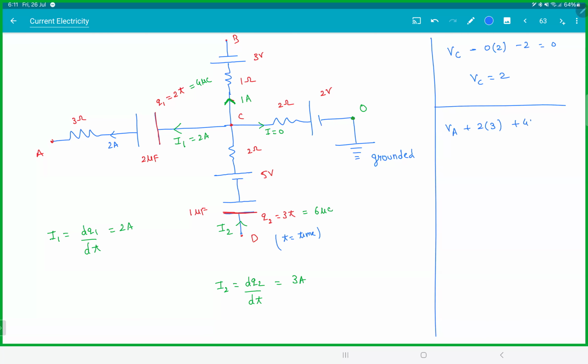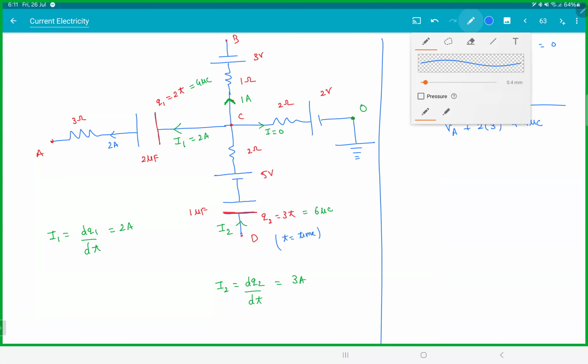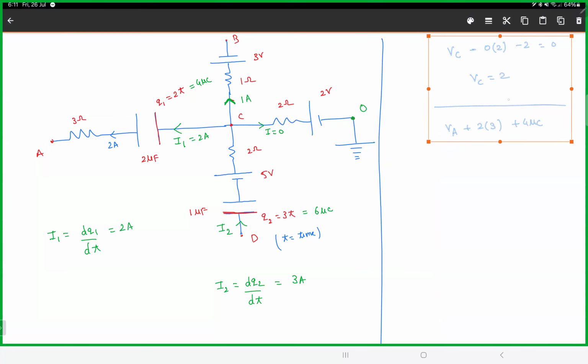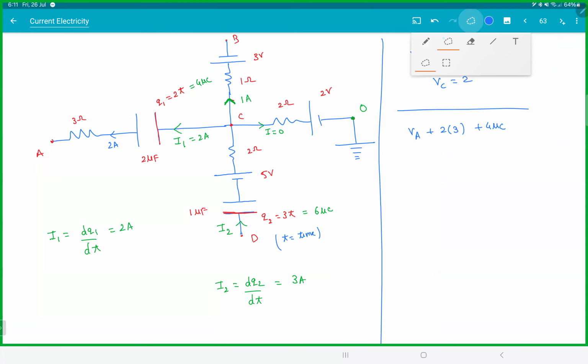So plus 4 microcoulombs by the capacitance of 2 microfarad. And then I reach C. So this is VA plus 6 plus 2 is equal to 2. The VA is minus 6.